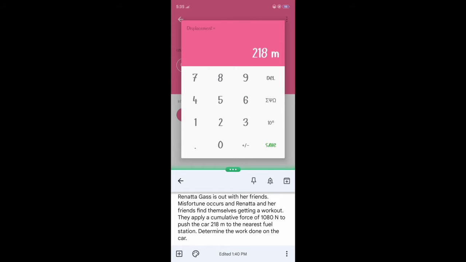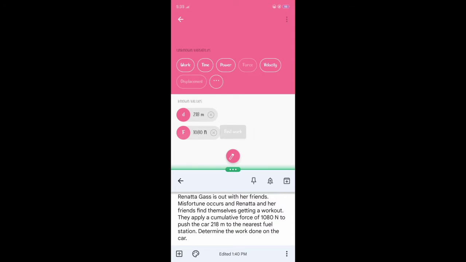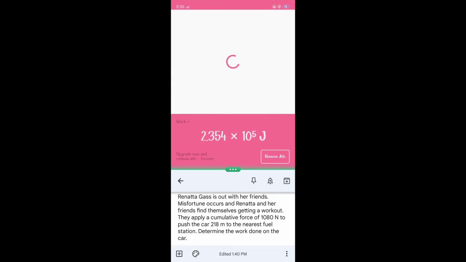So these are the only values given. And now we are going to find work. Just click here and we have the answer. So the answer is 2.354 times 10 to the power of 5 joules.